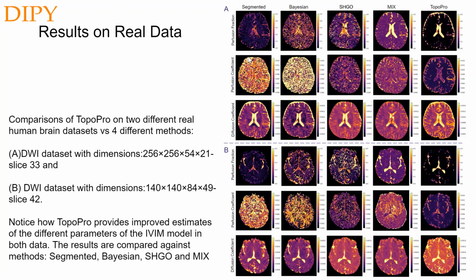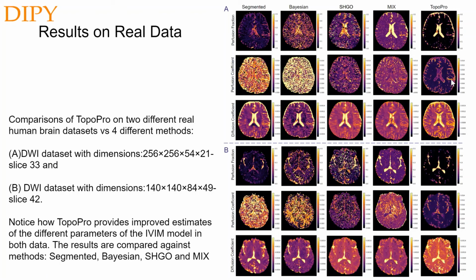As you can see, the perfusion maps with both segmented and Bayesian look very noisy, meaning that often the model gets biased towards the diffusion, where the model looks more or less correct, but the perfusion is misestimated and looks extremely noisy. But with TopoPro, the method that I just described, the perfusion map along with the diffusion map both look really good.